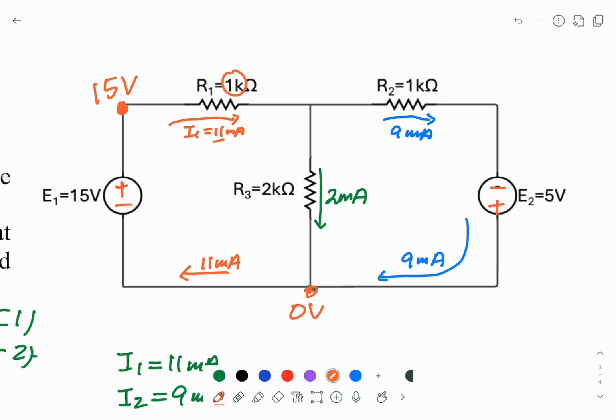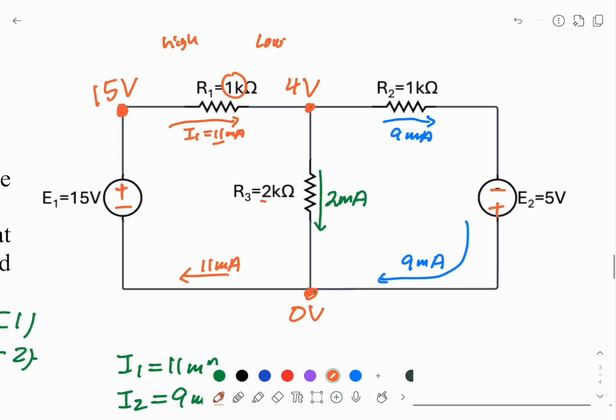This is high, this is low. So this one must be 15 minus 11, so this is 4 volt here. Now let's look at R3: 4 volt, 0 volt, so 2K multiplied by 2 milliamp equal to 4 volt, so this is consistent.